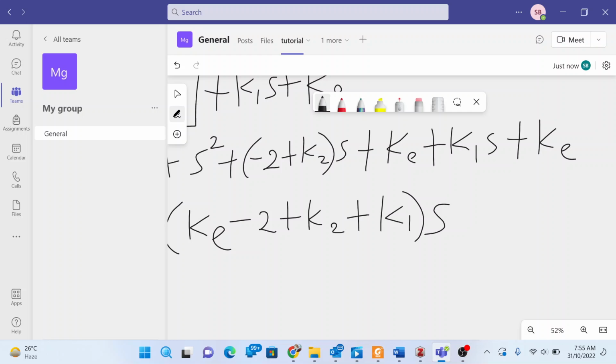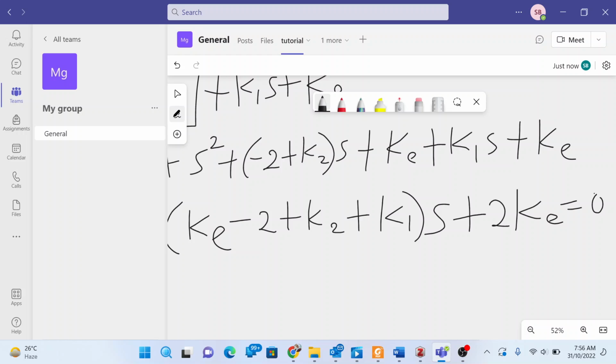Then the next one is the ones with constant coefficients. You see that that's ke and ke, so that's 2ke, equals 0. So this is the characteristic equation that will now form from this.